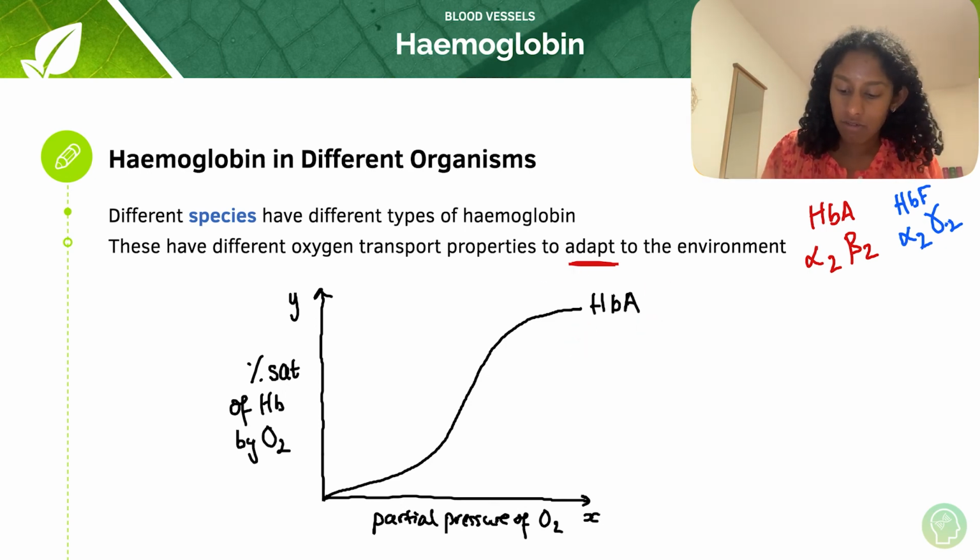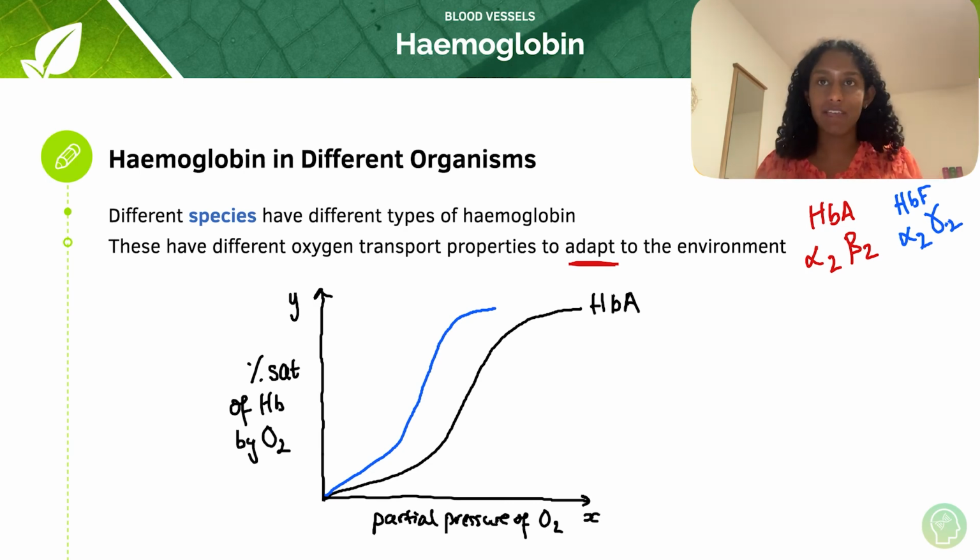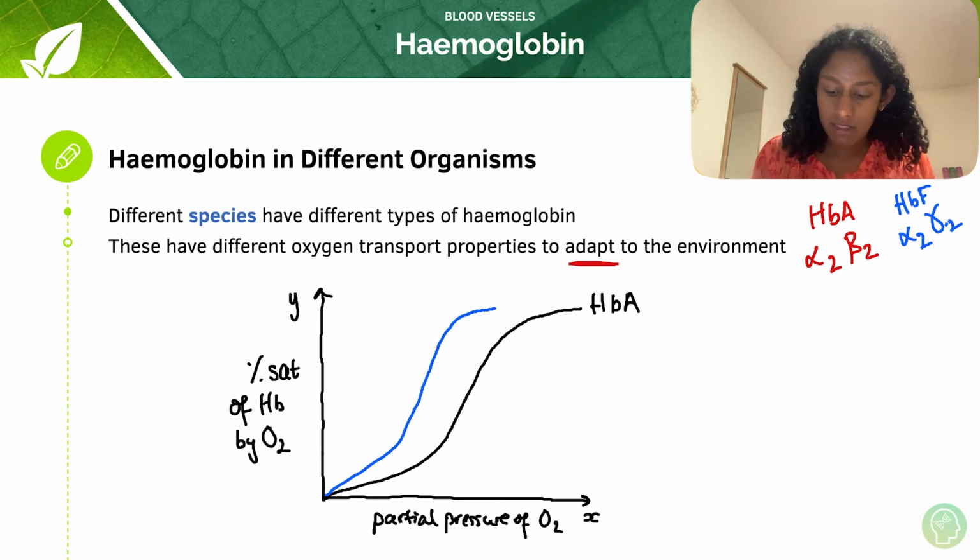So now if I draw this curve, I want you to have a think about what this curve is. So this curve is showing that at lower partial pressures of oxygen, our haemoglobin has a higher affinity for oxygen.